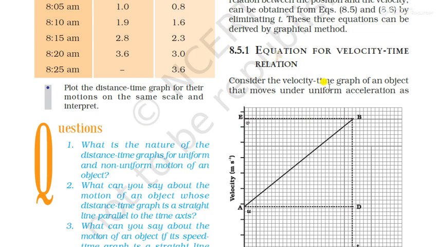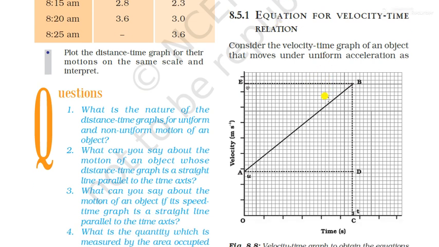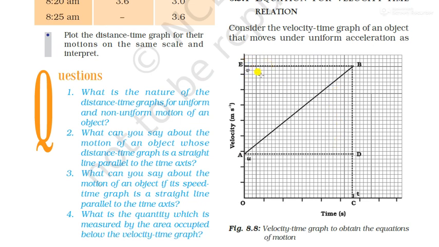To start this equation, first we need to understand this graph. This is a velocity time graph to obtain the equation of motion. Here you can see at point A, the initial velocity is represented by small letter u. At point E, the final velocity is v, and there is a slope AB which represents acceleration.